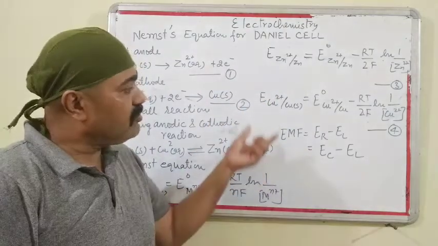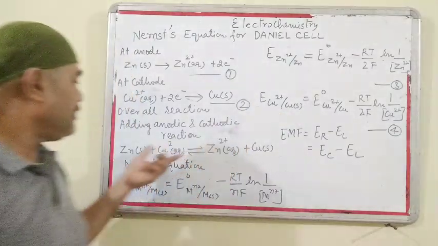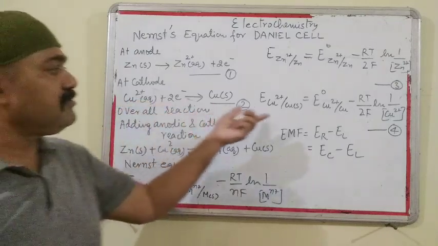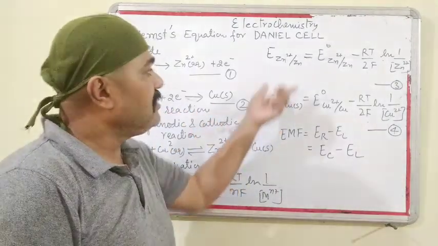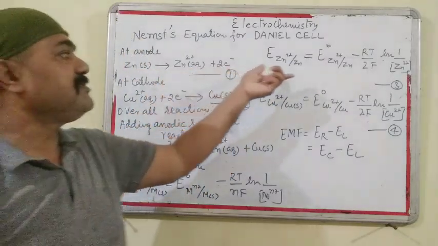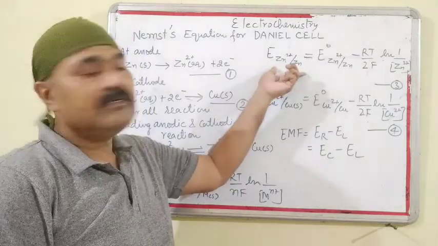Because reduction is taking place at the copper, it acts as cathode, and because oxidation is taking place at the zinc half cell, it works as anode.